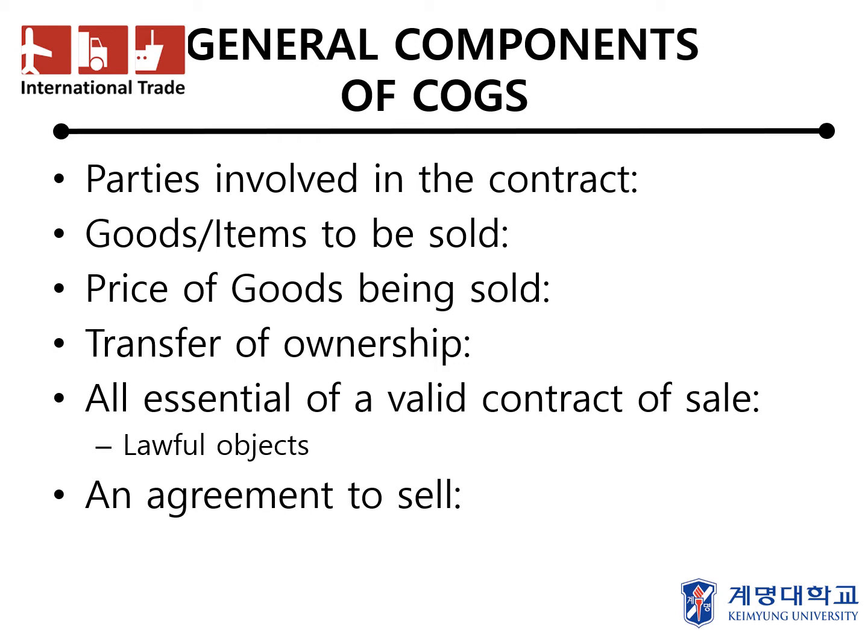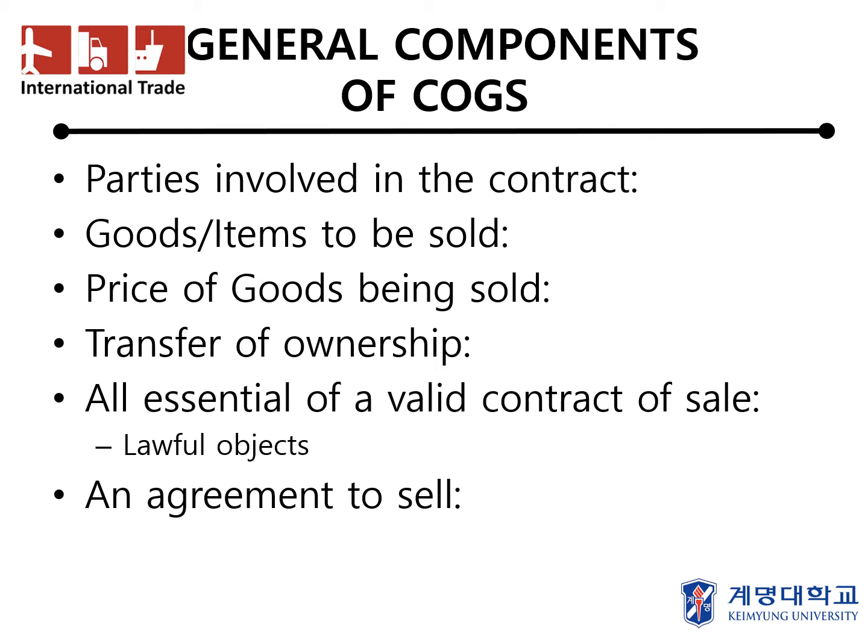When we say the parties, it is the buyer and the seller. Some contracts are multilateral, meaning between more than two parties, but normally the contract of goods and sale deals with only the buyer and seller.